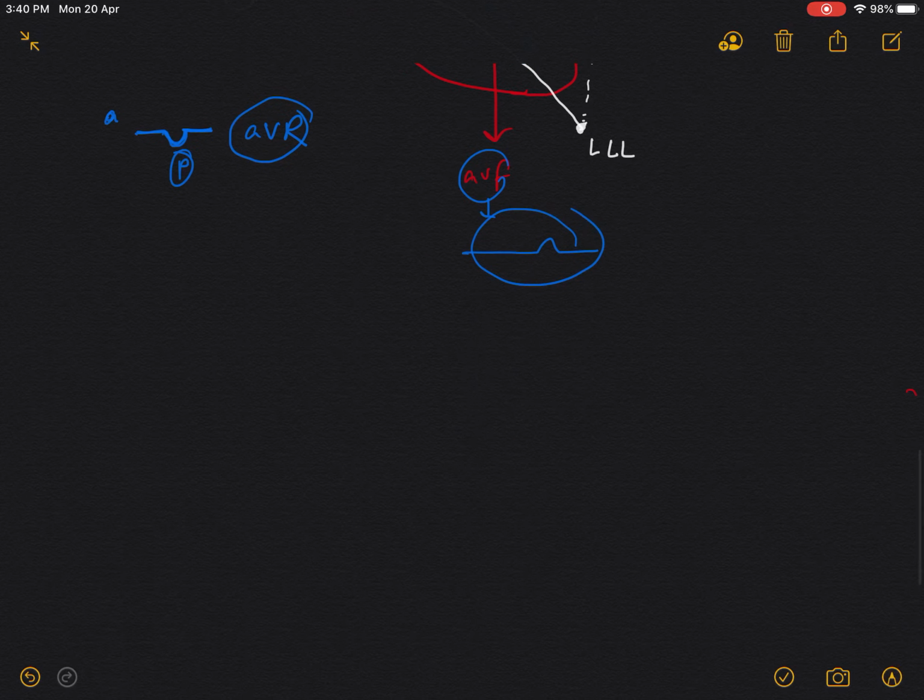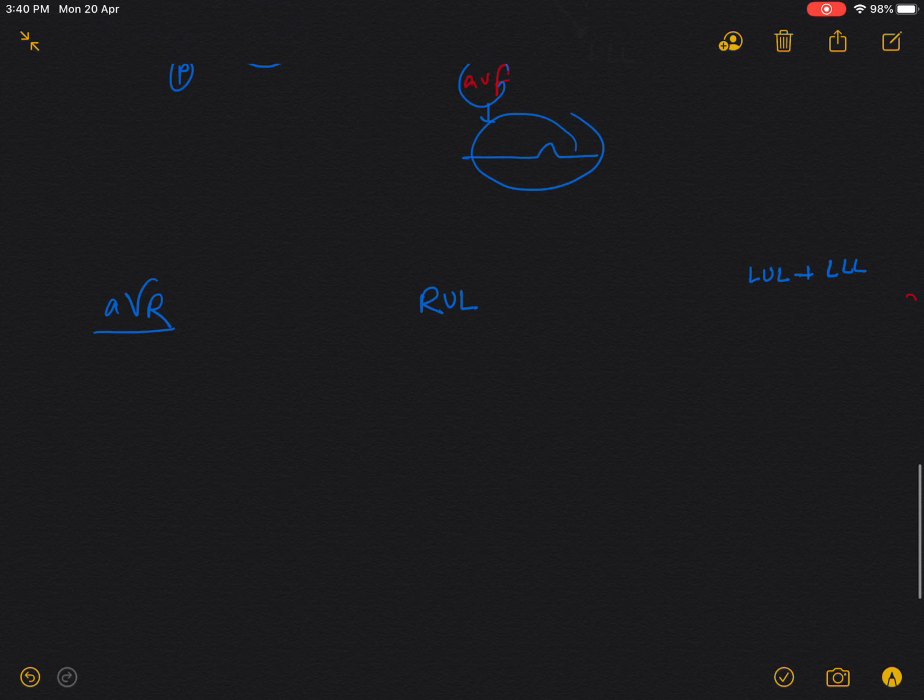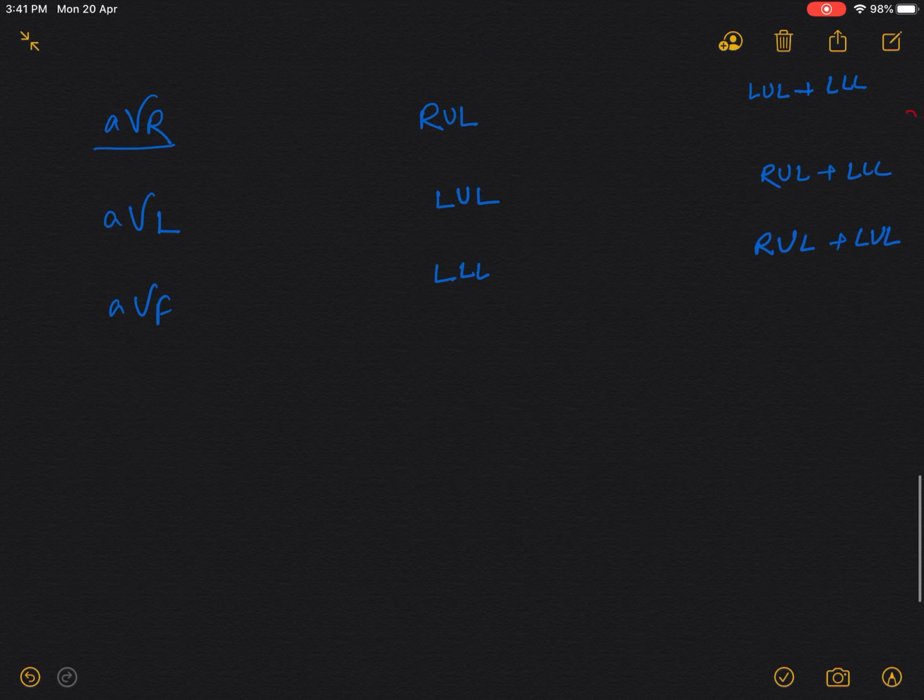So in unipolar limb leads, in AVR the exploring electrode is the right upper limb, and the reference electrodes are the left lower limb and left upper limb. In AVL, the exploring electrode is the left upper limb, and the reference electrodes are the right upper limb plus left lower limb. In AVF, the exploring electrode is the left lower limb, and the reference electrode is the right upper limb plus left upper limb. So these three are unipolar leads.